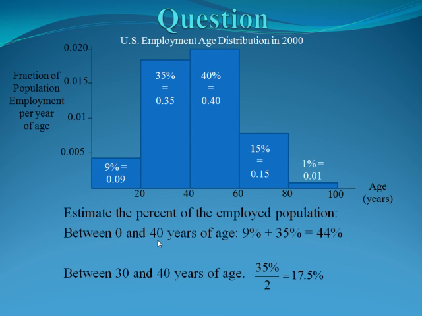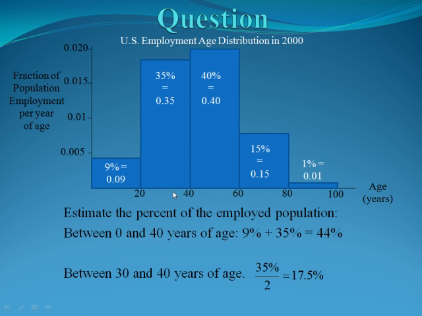Now, what if we want to estimate the percent of employed population between 30 and 40? Now, this is a little more tricky because notice that 30 is not a cutoff point for one of these rectangles. Well, one of the assumptions that we make with probability density functions is that all the data is evenly distributed. What does that mean? That means that since 30 is right in the middle of 20 and 40, the portion from 30 to 40 should be exactly half of the percentage that's in this block.